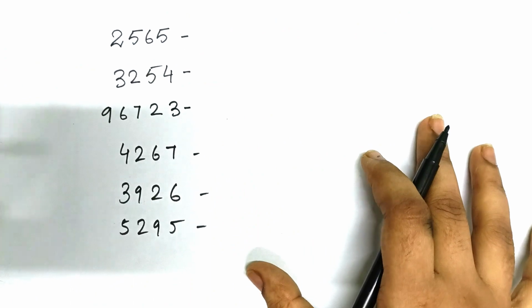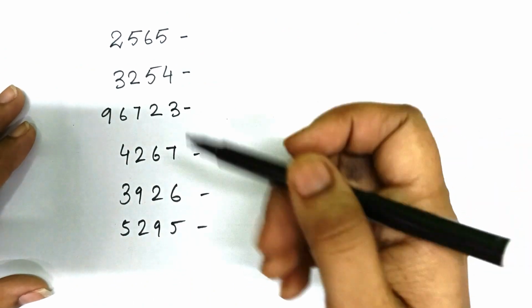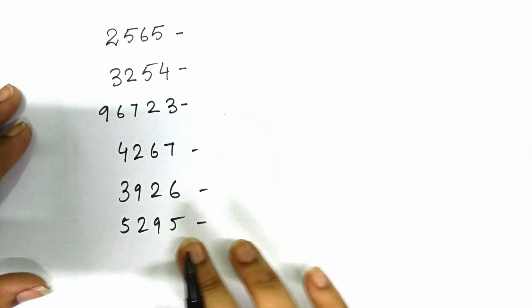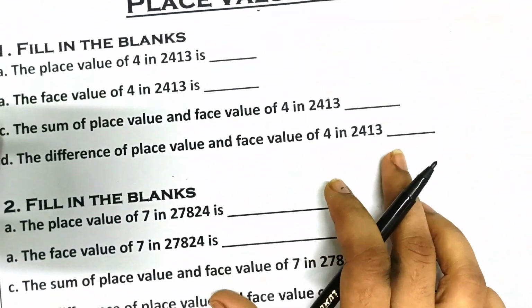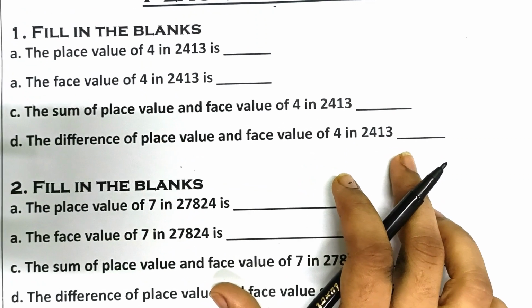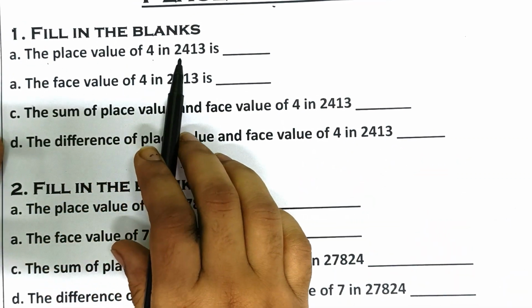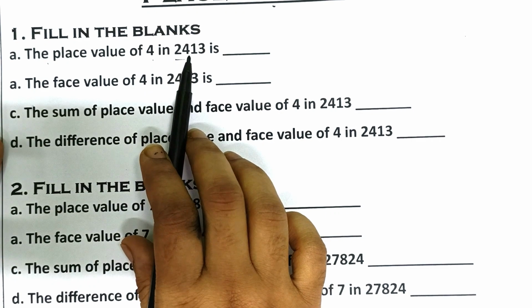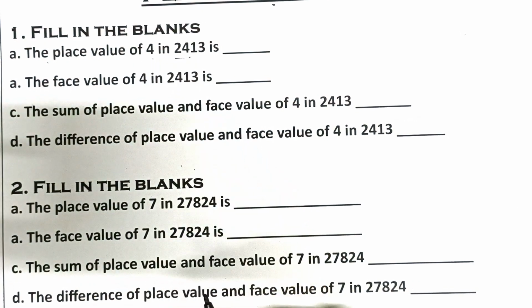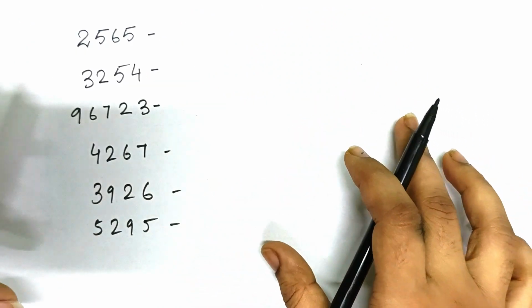Now as you can see, I have written some numbers. What we are supposed to do for my first question is find the place value of 4 in the given number. Let's practice this first and then we will do the exercise.